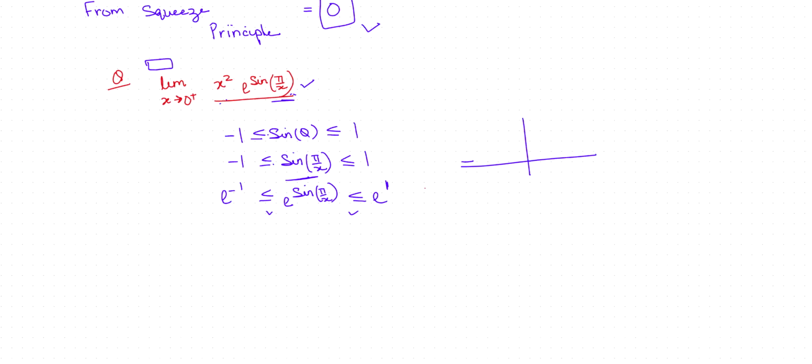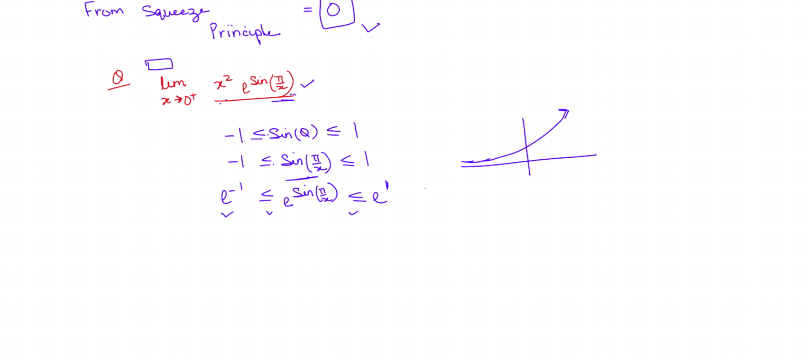A typical graph of the exponent is like this. For the exponential function, a lower input gives a lesser value, like e raised to power -1 is less than e raised to power 1. So it is continuously increasing.